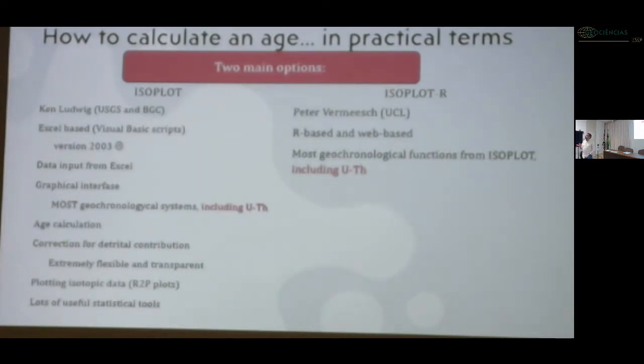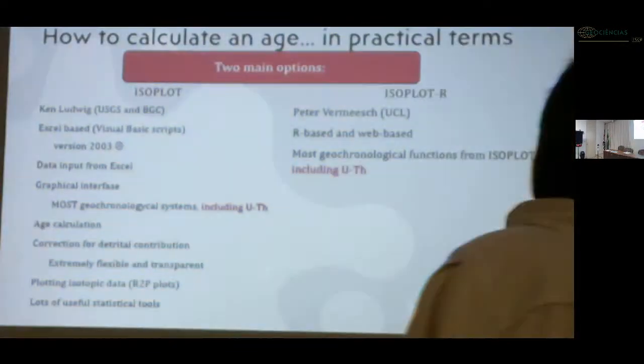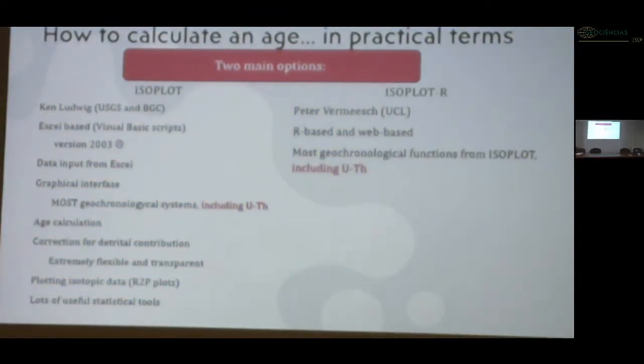And you couldn't run it on a Mac. But it's the first software that provided a graphical interface to calculate the age, and included most geochronological systems, and it allowed for the correction of the detrital material.